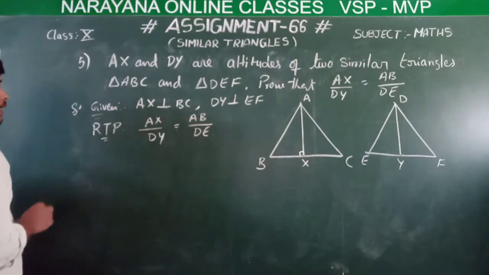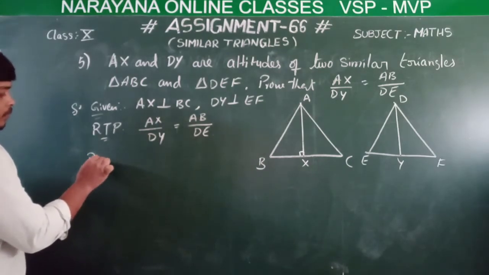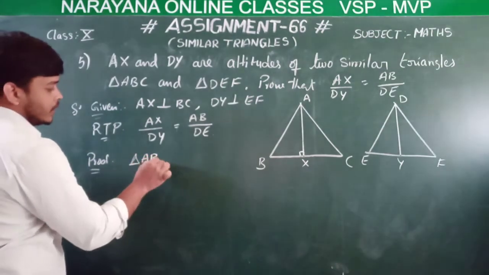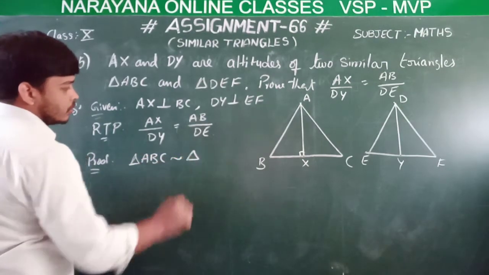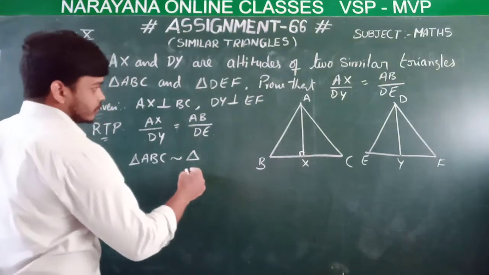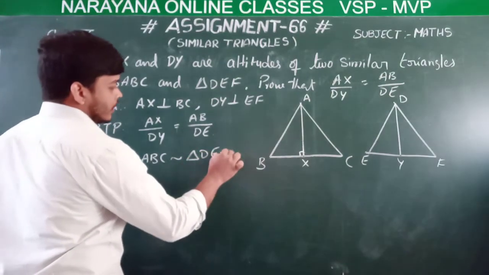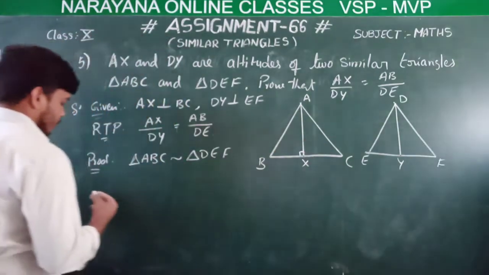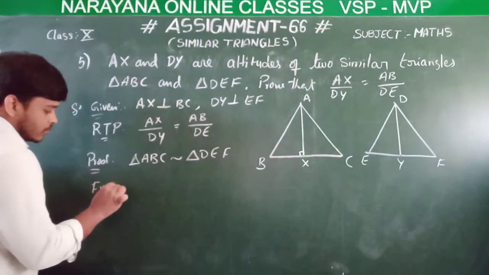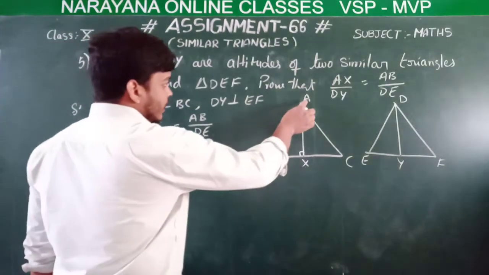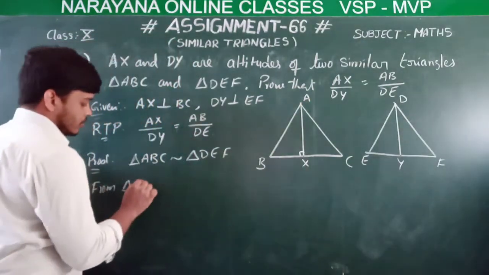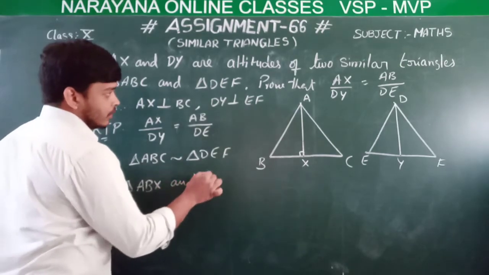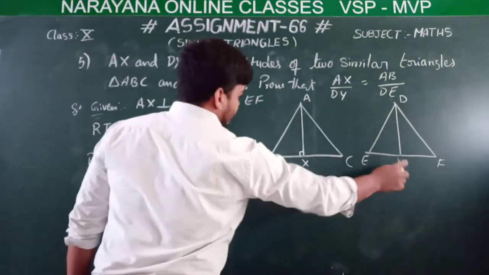Here it is already given triangle ABC is similar to triangle DEF. So first I am considering triangle ABX and triangle DEY.